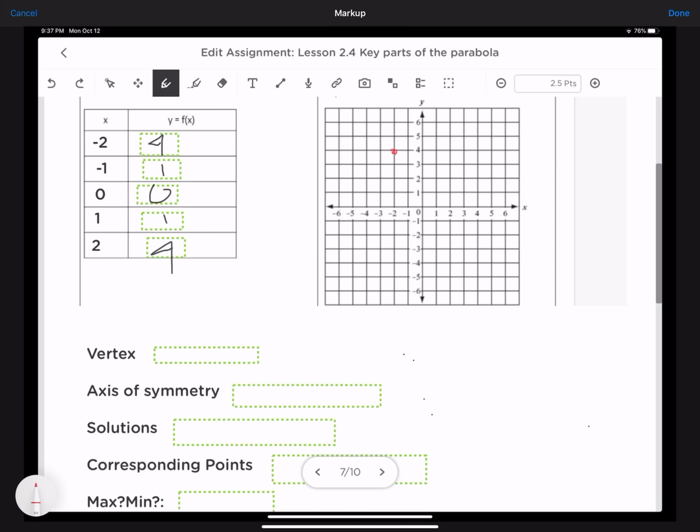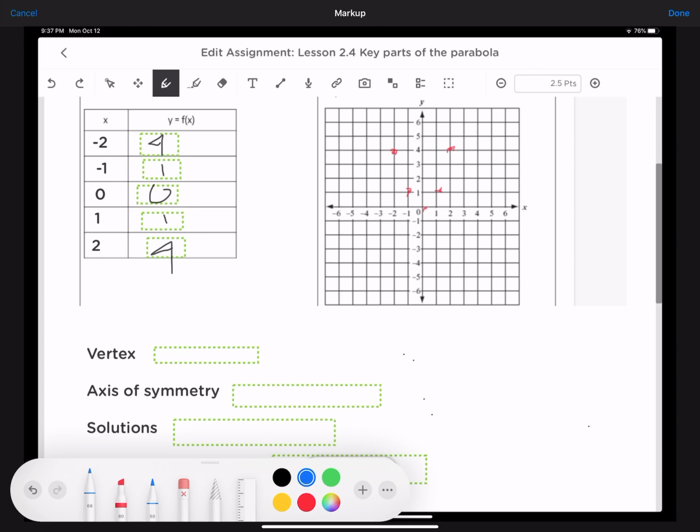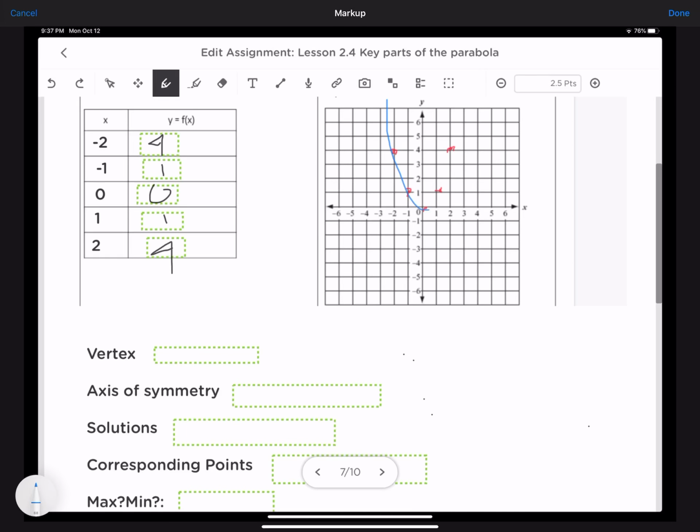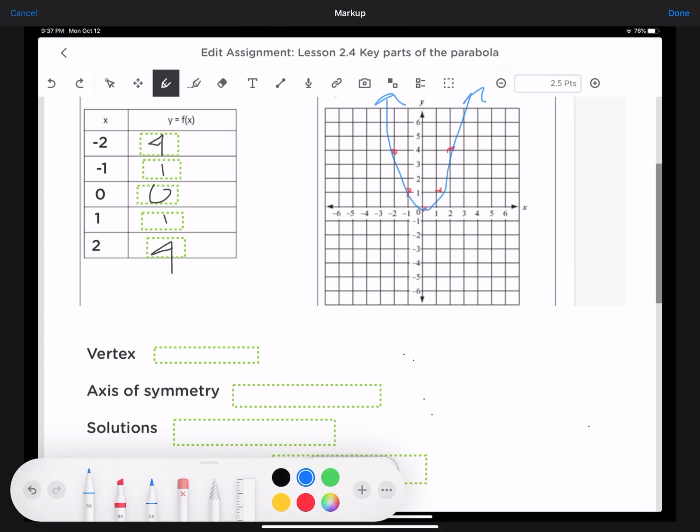I'm going to do that -1, 1. It's about right there. Then I'm going to do that 0, 0. Then I'm going to do that 1, 1. And then I'm going to do my 2, 4 right here. So now I'm going to draw my parabola. Let's do it a different color. Not the perfect parabola, but it's right there.